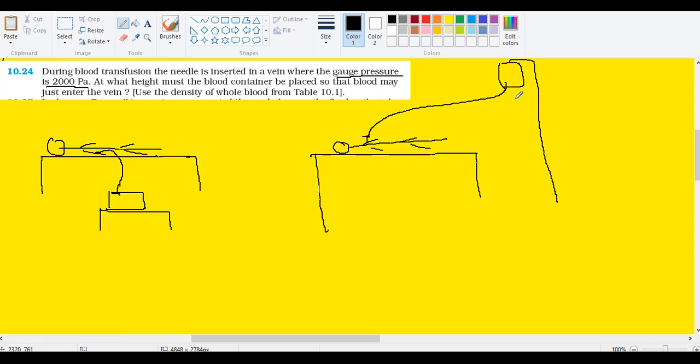Okay, so because of this height, doesn't matter how long the tube is, what matters is only the height. So that means the height will give some pressure so that the blood can enter into the vein. That's what they meant by just enter the vein.